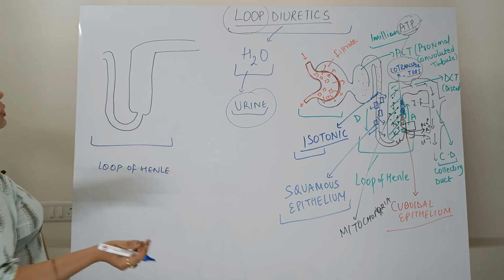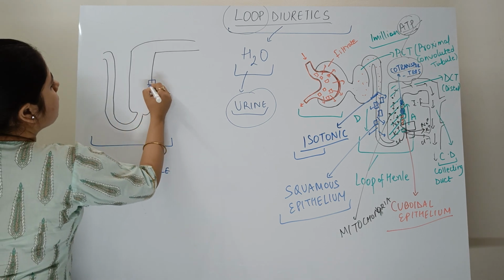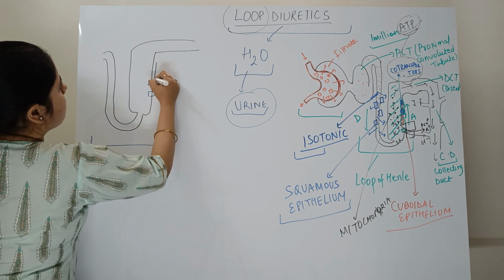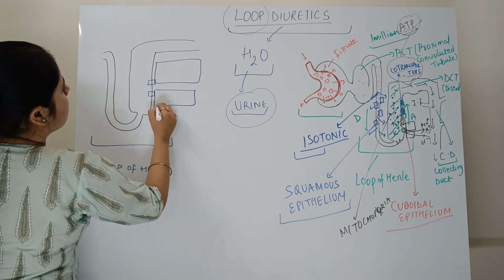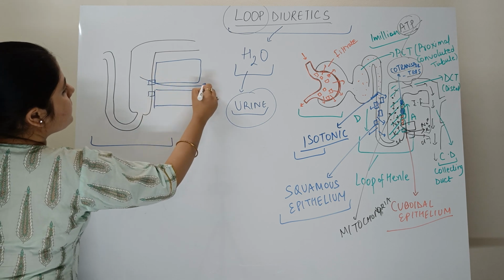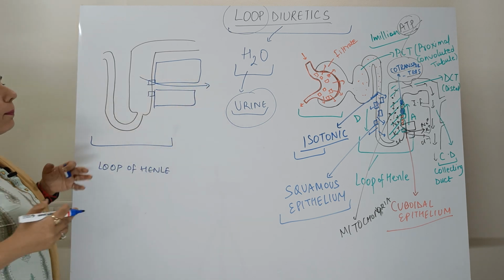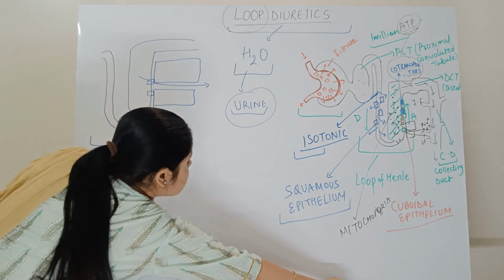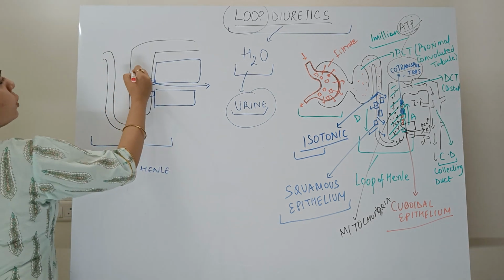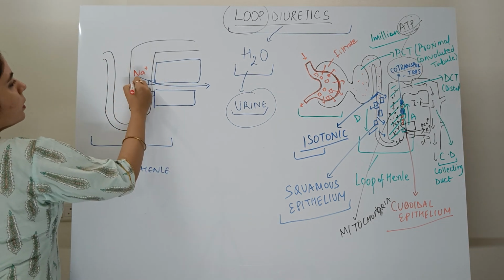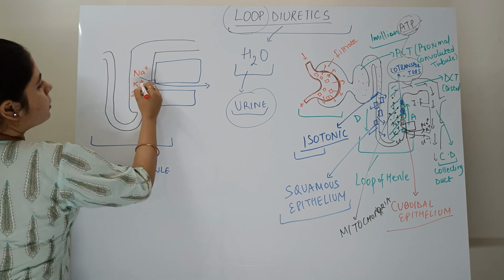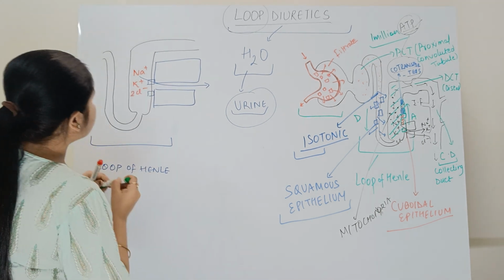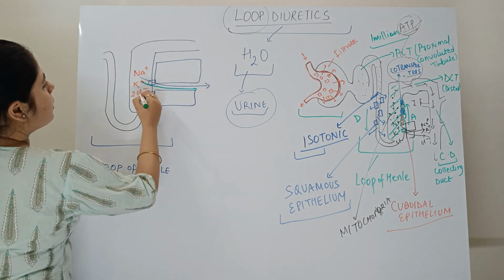So what happens normally? Through the paracellular spaces, which I was talking about, they are tightly packed, there is an easy exchange of sodium, potassium, and chloride. So all of them can easily cross this channel.